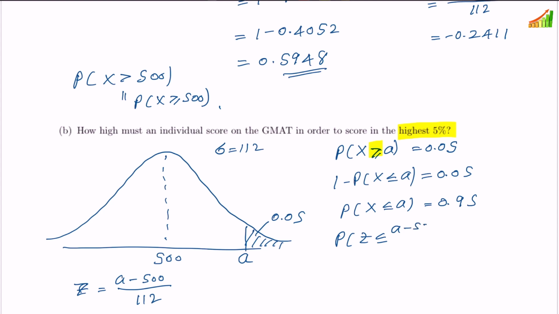A minus 500 divided by 112 equals 0.95. I will write this with 4 digits because this is the probability. The table gives the probability with 4 digits. This side is the z value and this is the probability. We are looking for A. Then we go back to the table and find the location of this probability 0.9500.